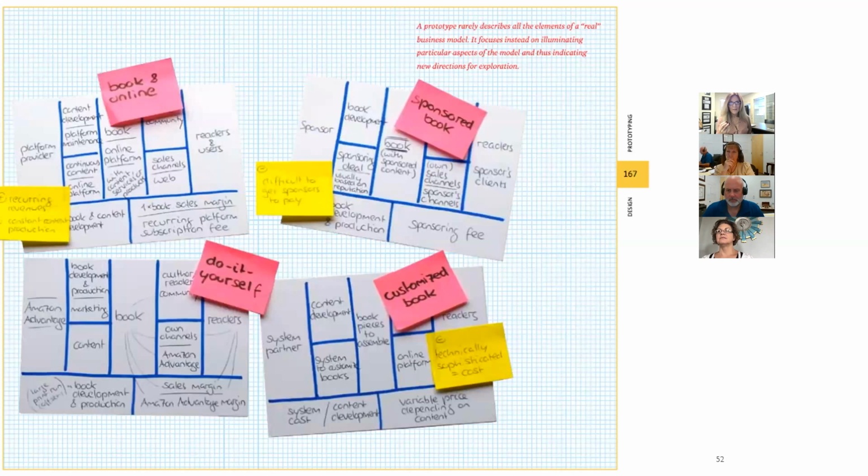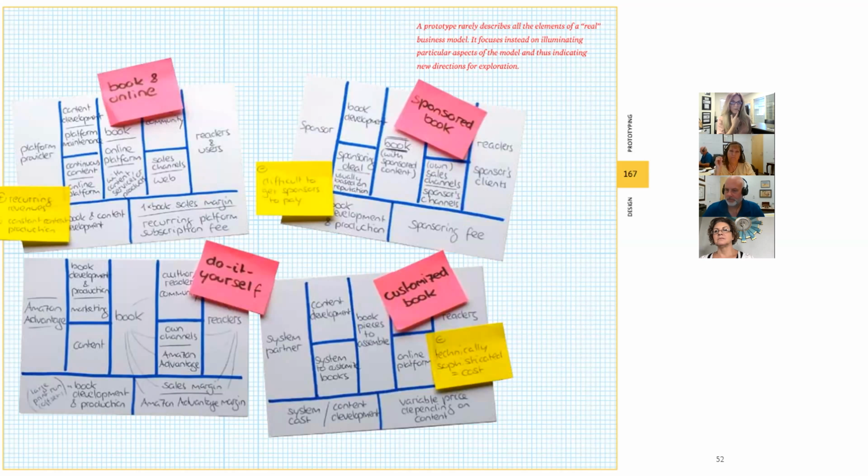Then they decided to create a prototype in which they designed the elements of this book, the nine building blocks, and then they continued thinking, how can we make this book successful?